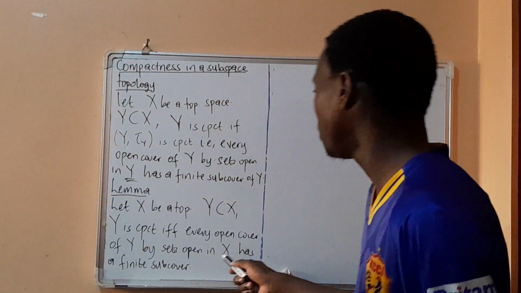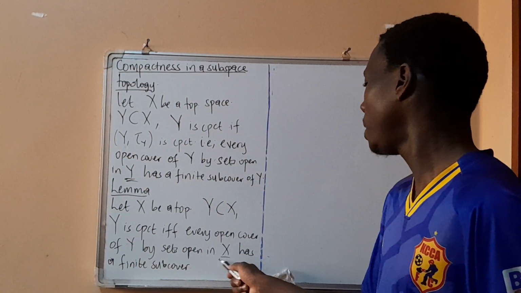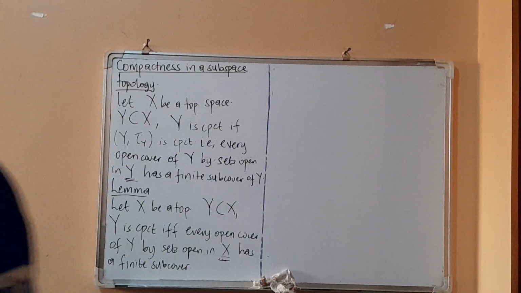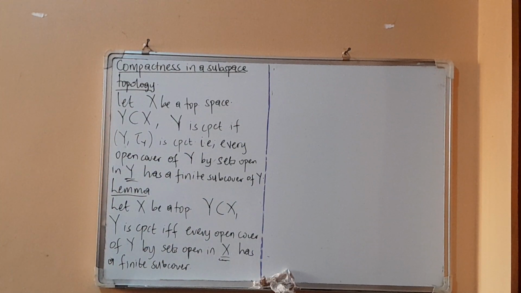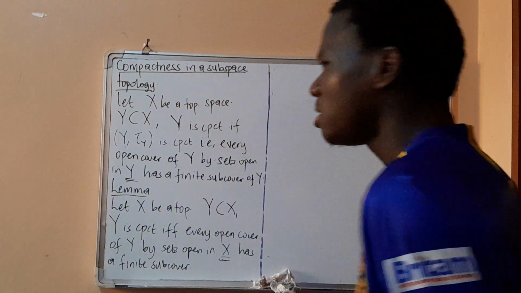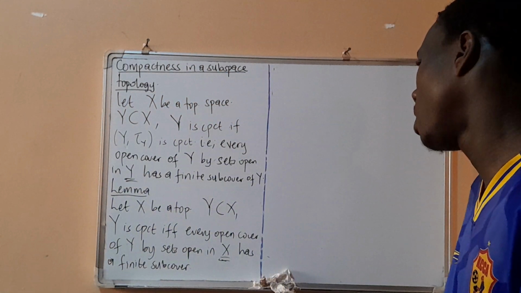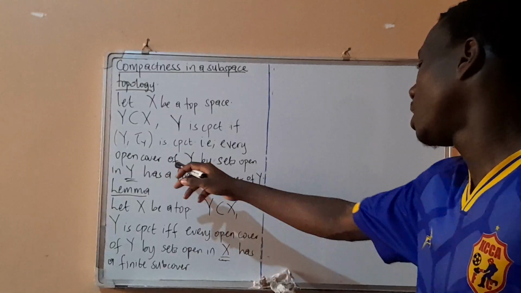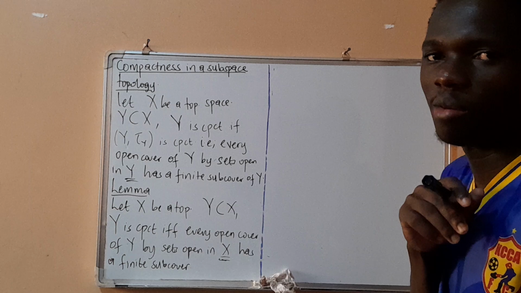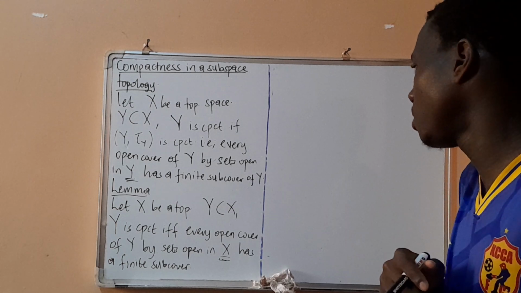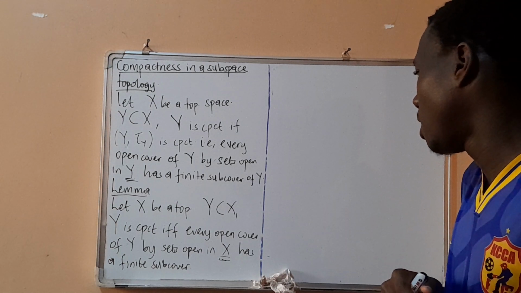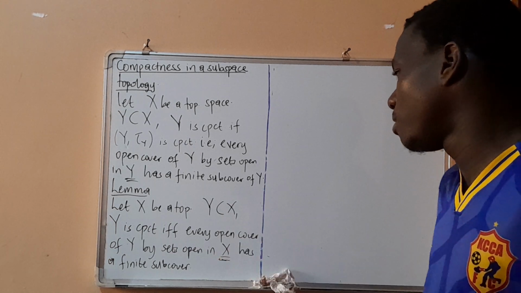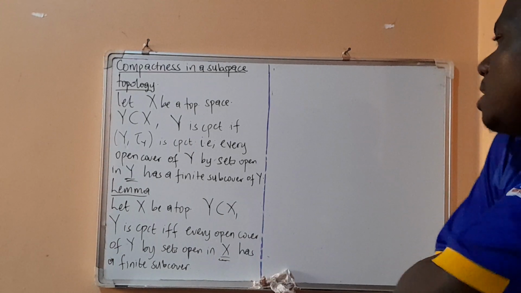Y is compact if and only if every open cover of Y by sets open in X has a finite subcover of Y. So we need not worry about open covers of Y by sets open in Y. We can just look at open covers of Y by sets open in X.